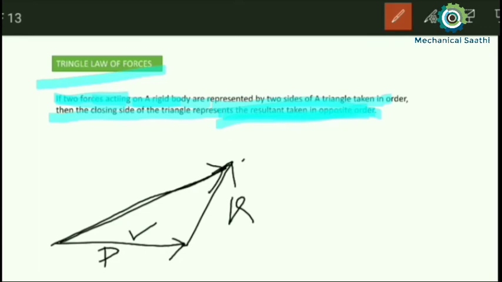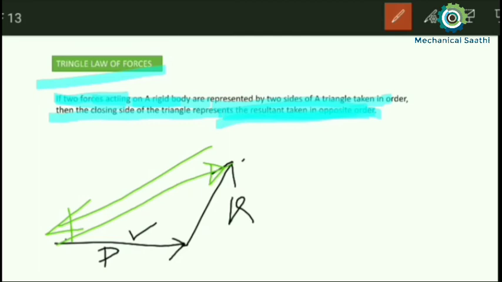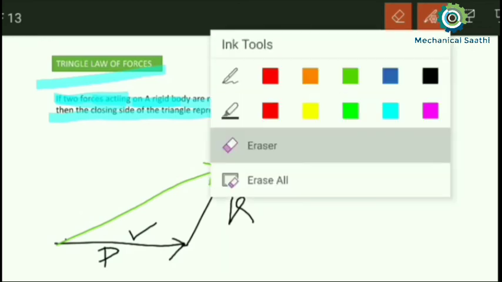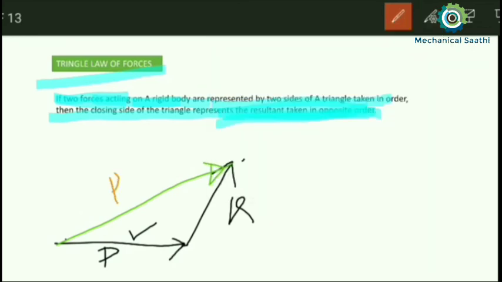So the order of this one will be opposite to the previous one. Let me use another ink to show the resultant force. In the same order the direction would be like this, but we are saying it should be in the opposite order, so the direction will be like this. This will be the resultant.